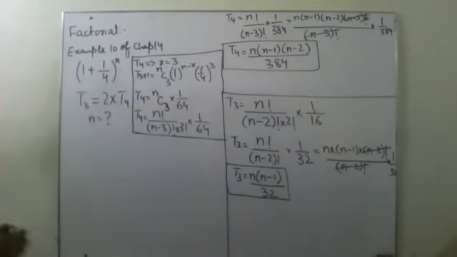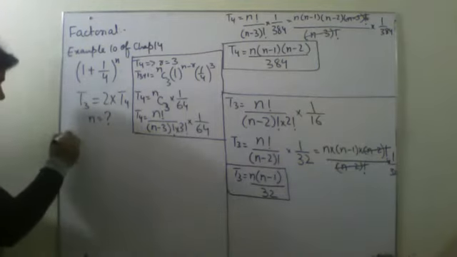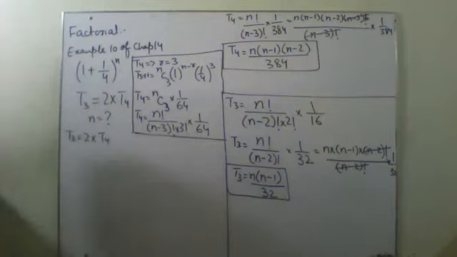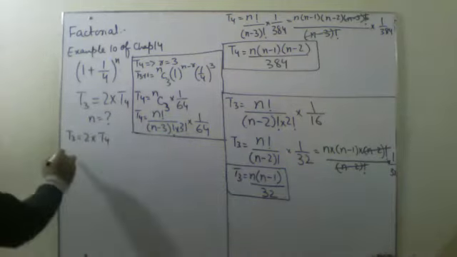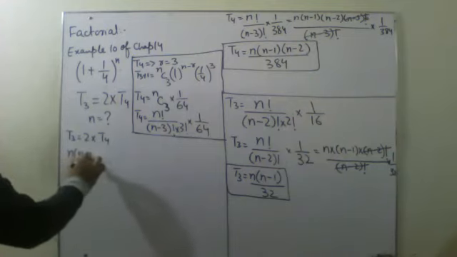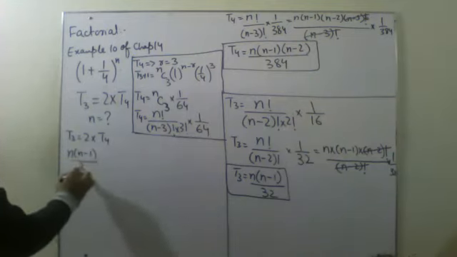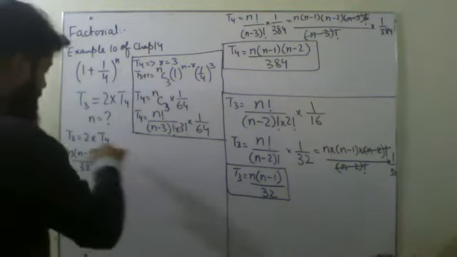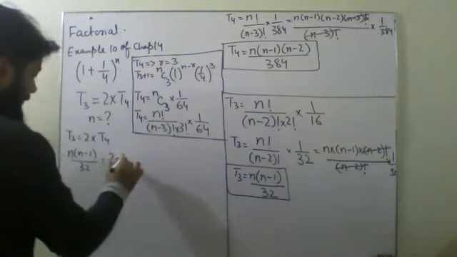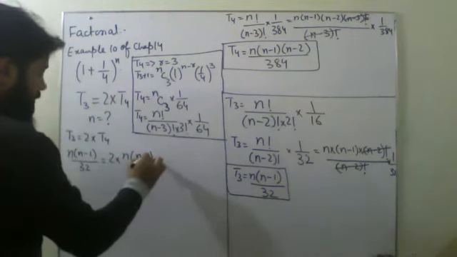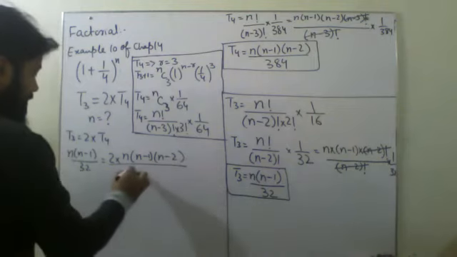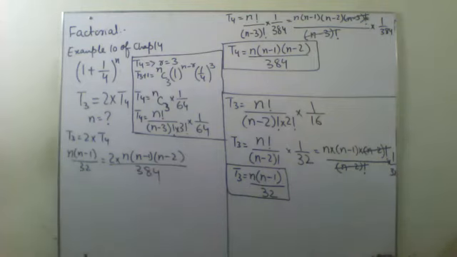Now they are saying that T3 is twice of T4. Okay, this is the thing given to me. So what is T3 given to me? n minus 1 over 32 equals 2 times, and then the T4 value is n minus 1, n minus 2 over 384.